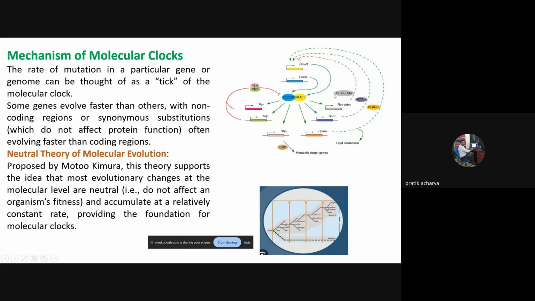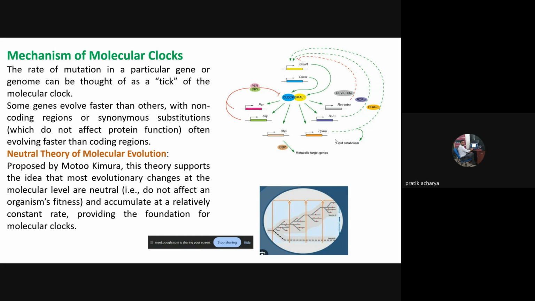Where the mutation occurred can be assumed by observing different genes and their positions. Which gene is actually responsible for which factor? If a particular gene is responsible for metabolism, then where we get information about a change in metabolism, that means there is a mutation in that particular gene.